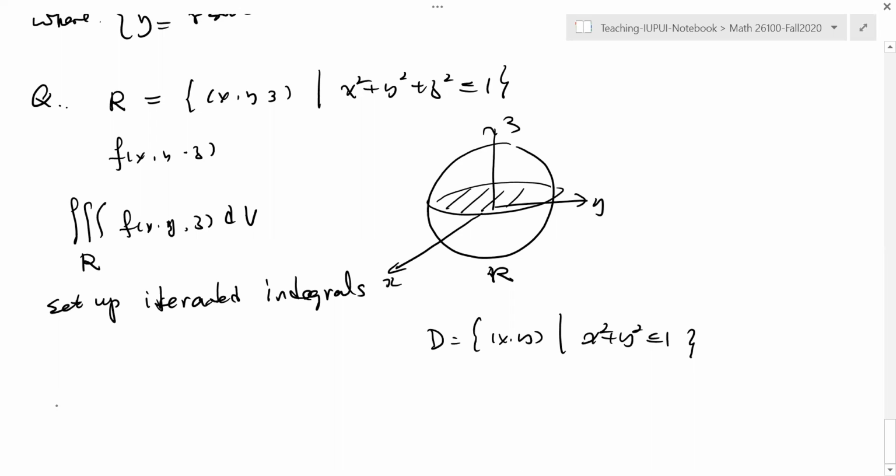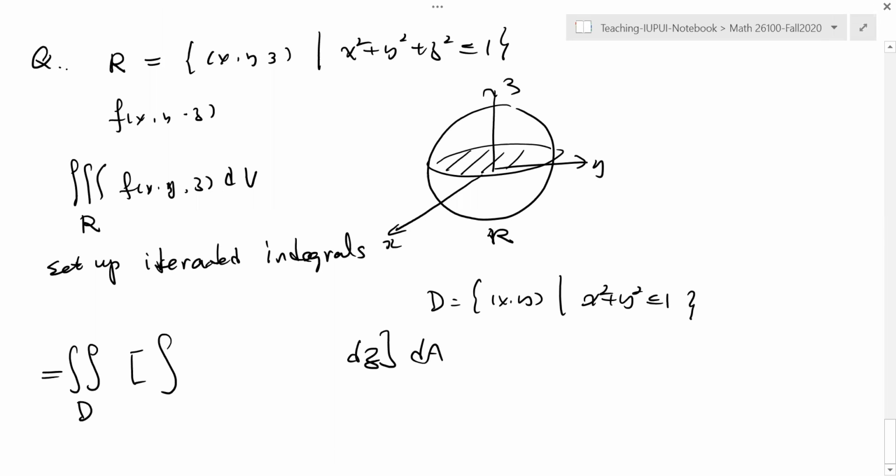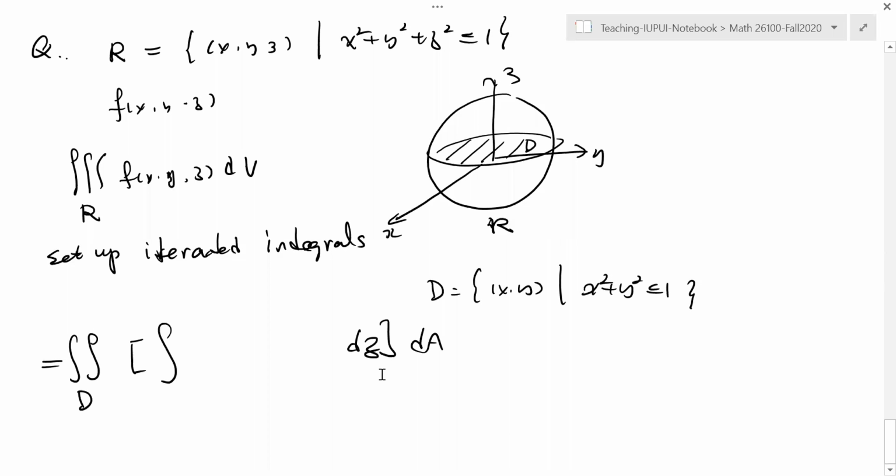So what I'm trying to do is this will be the double integral over D, and then the single integral with respect to z. Now, how to do that? You project this solid onto D. It's very similar to what I did for double integrals.